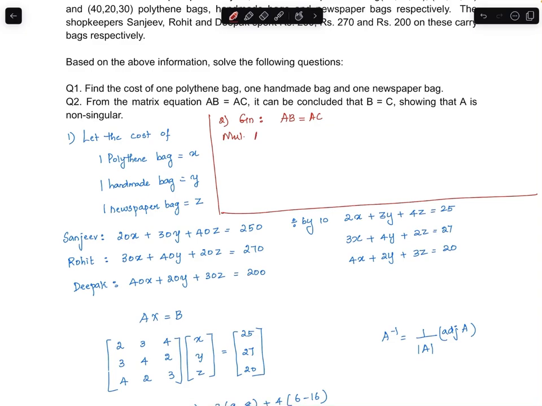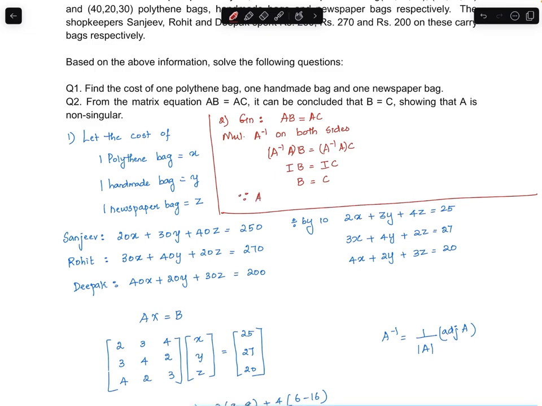Multiplying A inverse on both sides, we get A inverse AB is equal to A inverse AC. A inverse A gives identity matrix. So I times B is equal to I times C. I times B gives B itself, and I times C gives C itself.